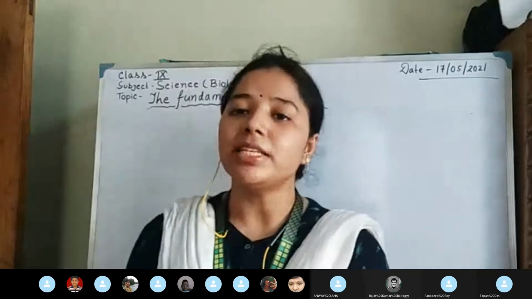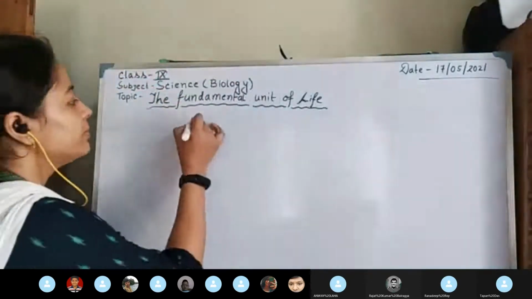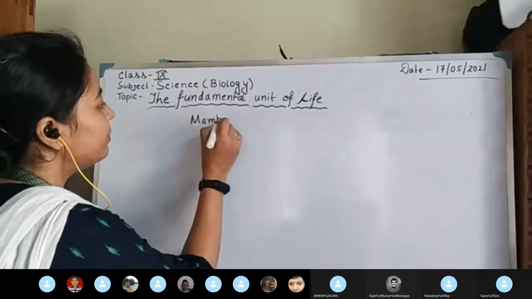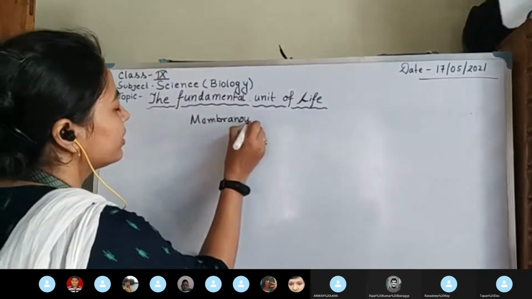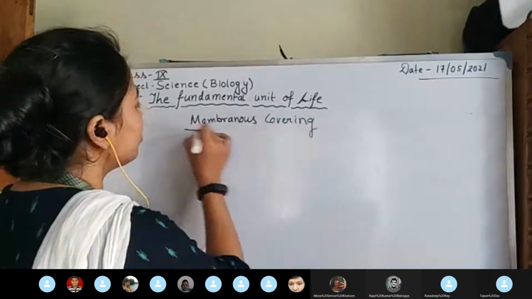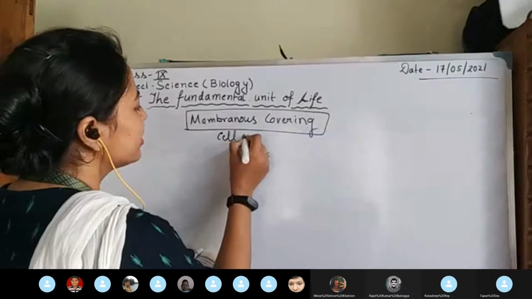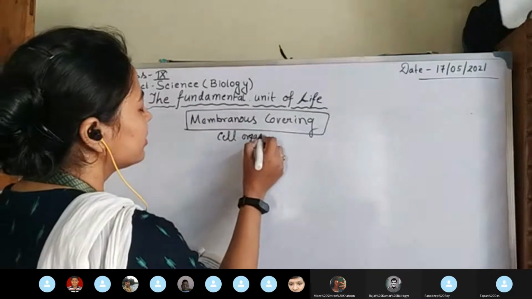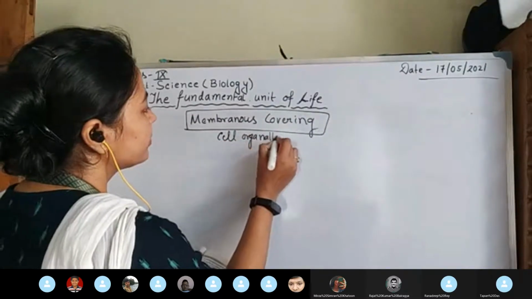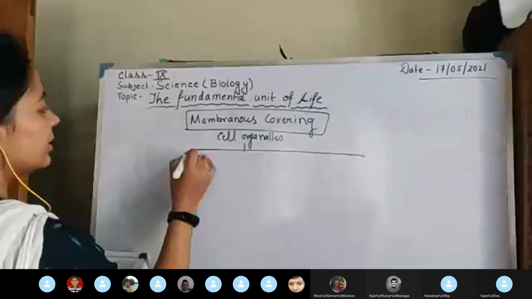Now, on the basis of membranous covering, cell organelles are divided into three parts.